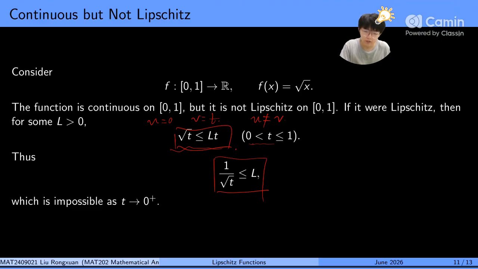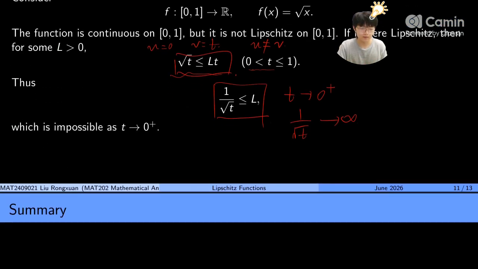Look here: when t goes to 0, this is impossible, because we would need a constant L bigger than infinity, since when t goes to 0, the right-hand side goes to infinity. We cannot find a constant bigger than infinity.